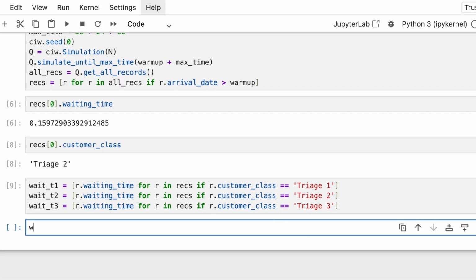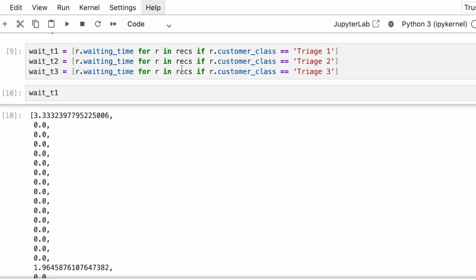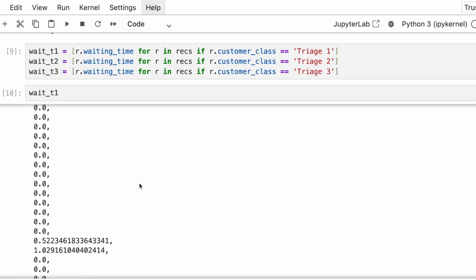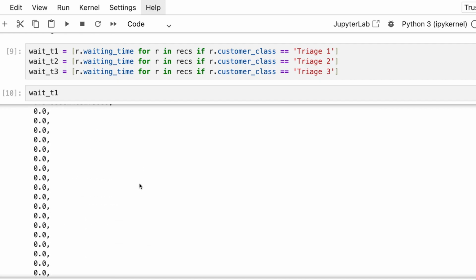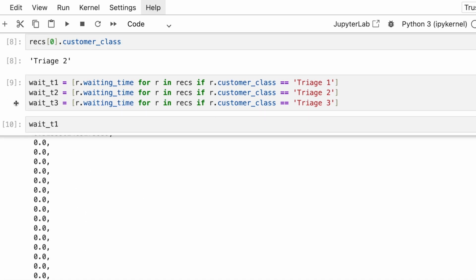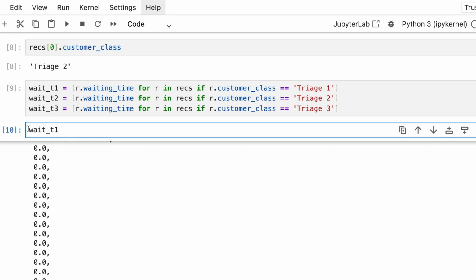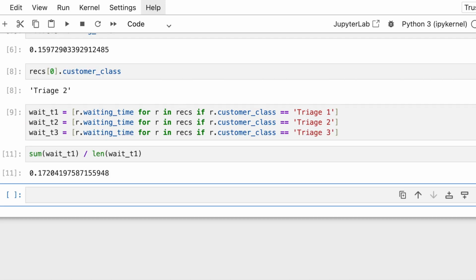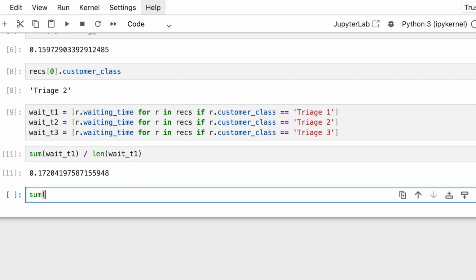And finally, we can see the list of all the waiting times of people in triage category 1. So we'll be able to find the average by summing over this list and dividing by the size of that list. So the average waiting time for customers in triage category 1 is 0.172.